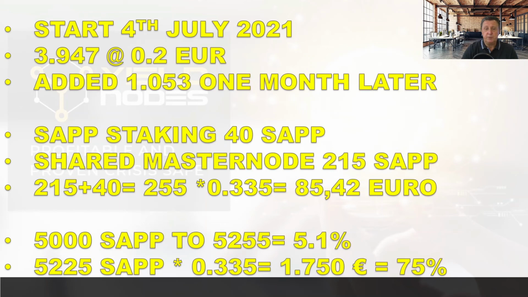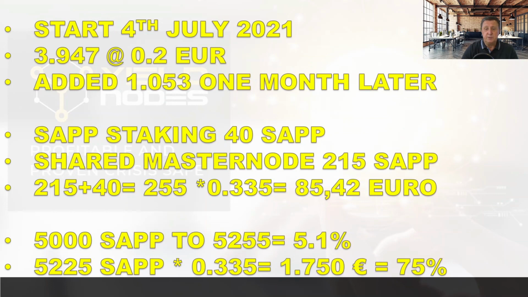So if we started with 5,000 Sapp and now we have the 5,255, we're basically ending up with just 5.1% over 2 months, which in itself is not very impressive. But on the other hand, with all the issues that we had, 5.1 is not bad for 2 months for sure.